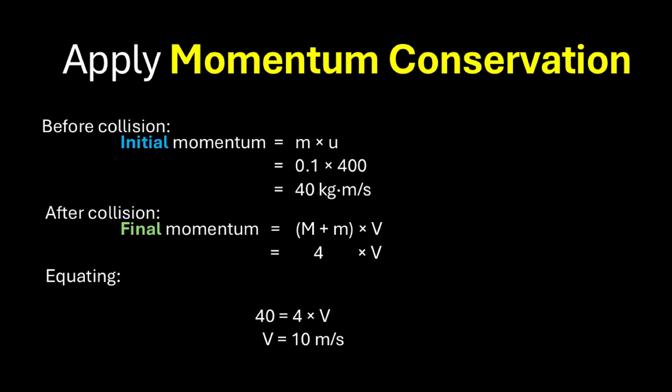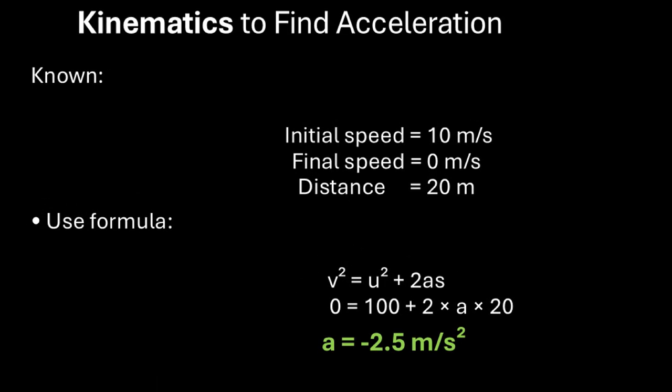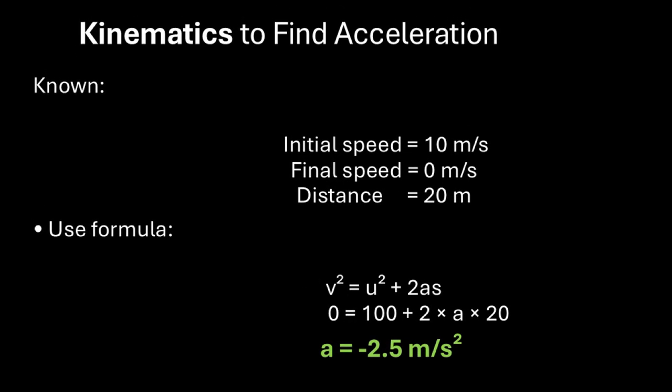When we use the law of conservation of linear momentum, we got that the velocity is equal to 10 meter per second, right? And then using equations of motion, we found out that acceleration is equal to minus 2.5 meter per second square.